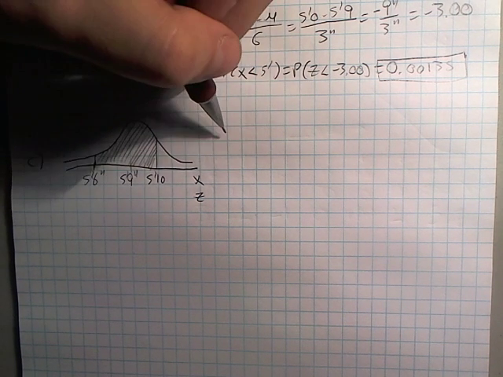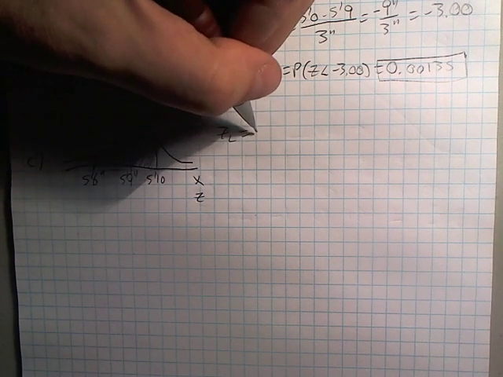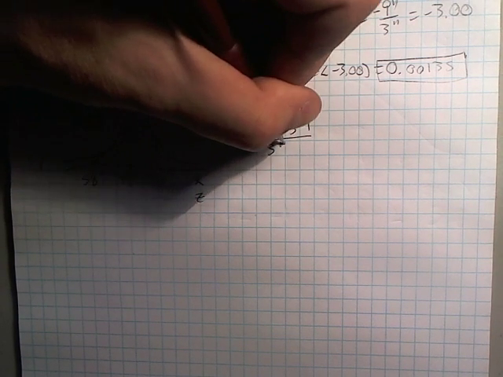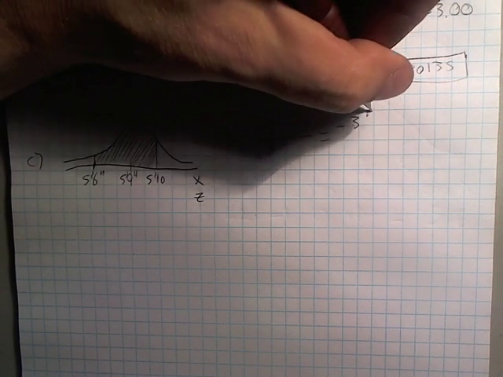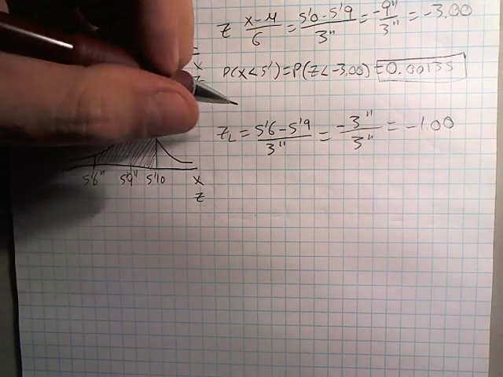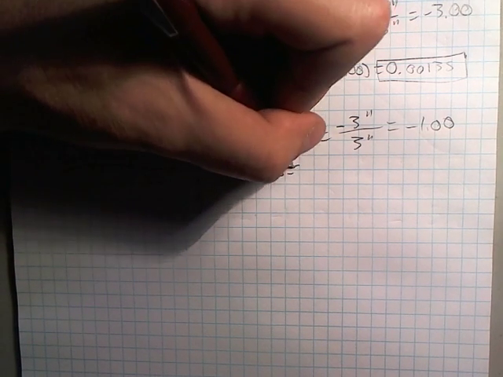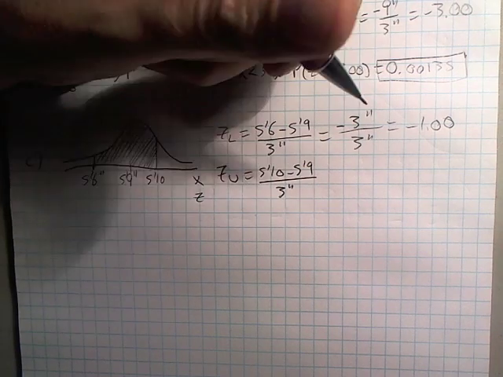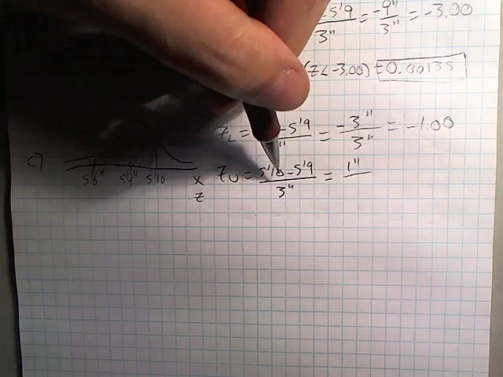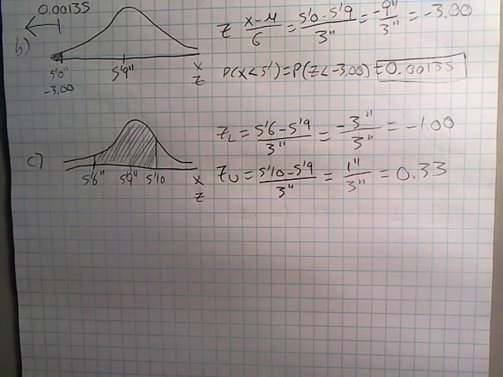So we'll say that z lower is equal to x minus the mean divided by the standard deviation. That's negative 3 inches divided by 3 inches, or negative 1.00. Likewise, the upper value, 5'10", when put through the z formula, gives us a value of positive 1 inch divided by 3 inches, or positive 0.33.